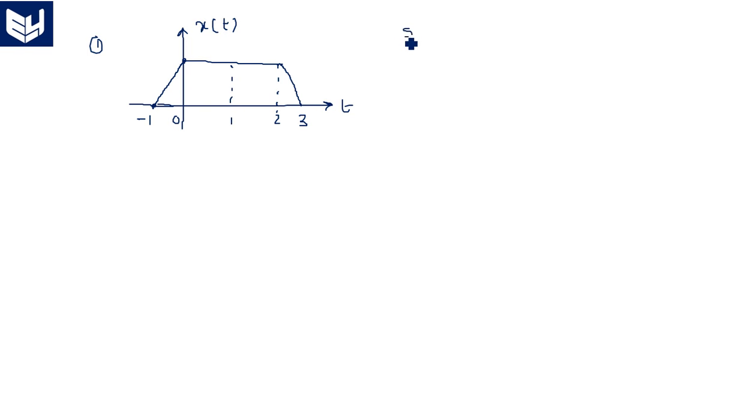Now we are asked to sketch x of minus t minus 3. I told you in the previous videos, when the polarity of the time and the polarity of the shifting value are both the same, then the shifting always results in the left hand side.